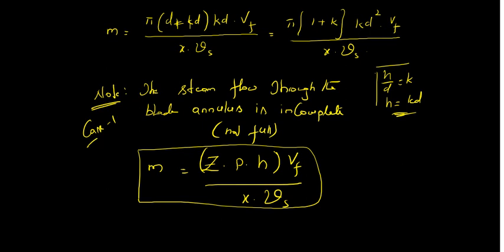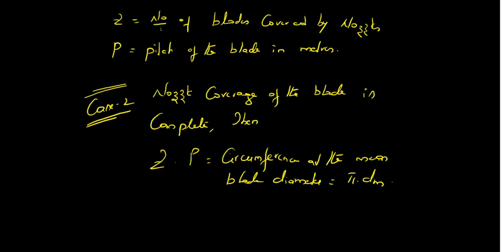If we consider this as case 1, for an incomplete flow, the relation of the mass flow rate is given in terms of Z into P multiplied by H into Vf divided by x into specific volume V suffix S. The same relation, but it is represented in terms of the number of blades covered by the nozzle and the pitch of the blades.